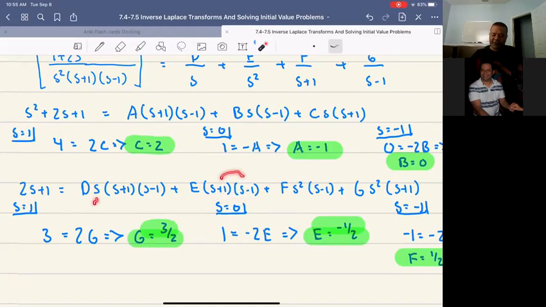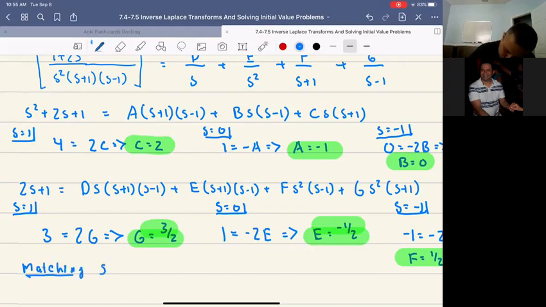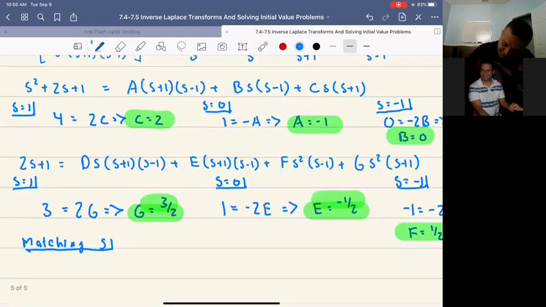So this is the only one that's going to have an s term, and here we have a 2. So matching s, we get 2 equals, when I do that, s times (s squared minus 1), so it's going to be -d.